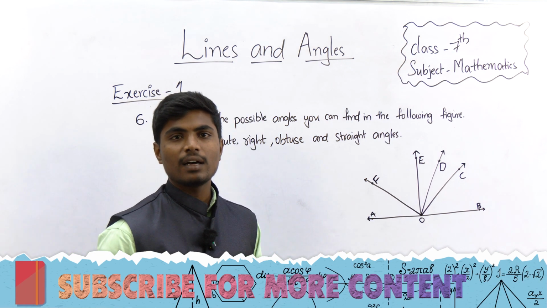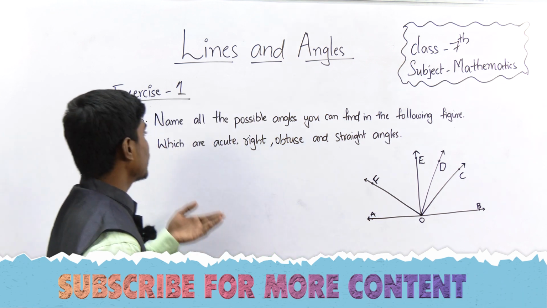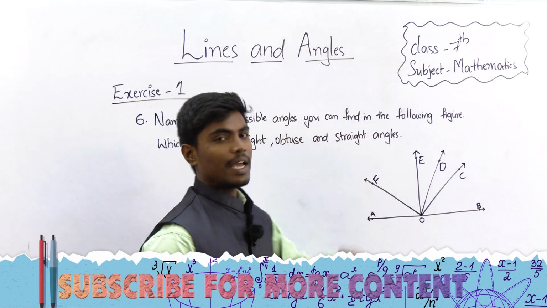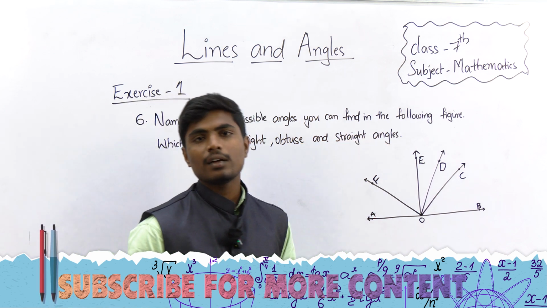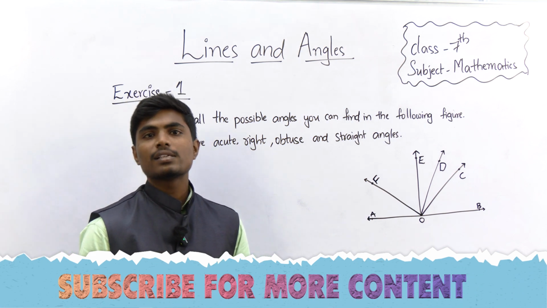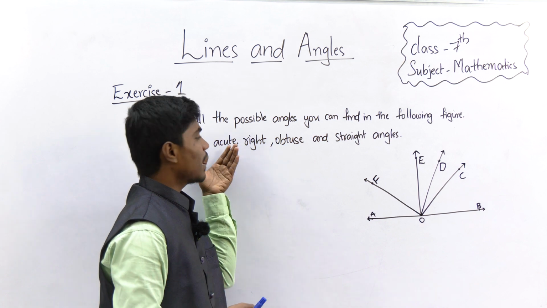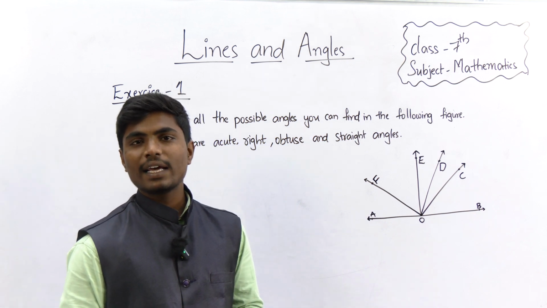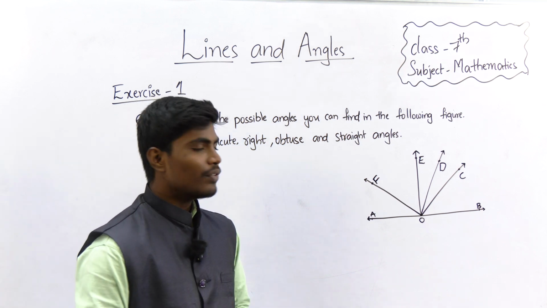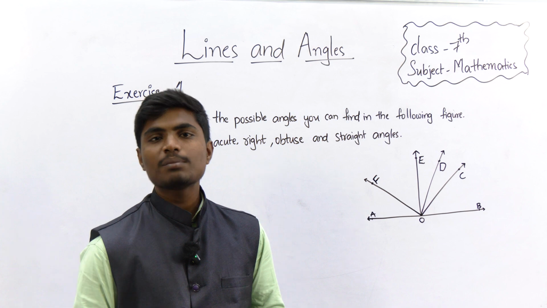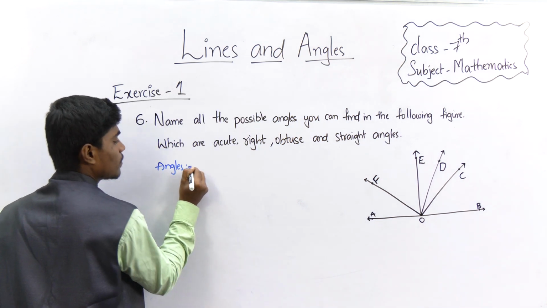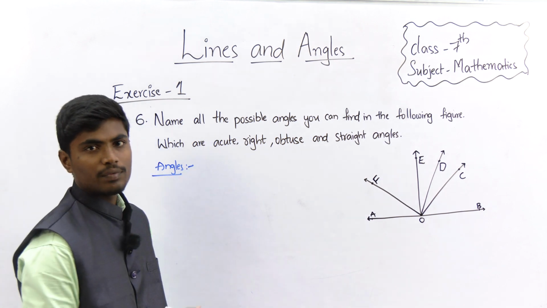After writing the names of the angles, we have to divide those angles according to their measure, whether it is an acute angle, right angle, obtuse angle, or straight angle. First, let's write the names of the angles in the figure.